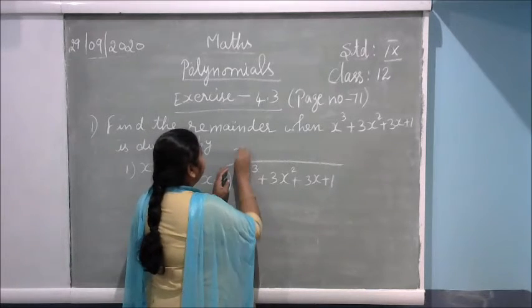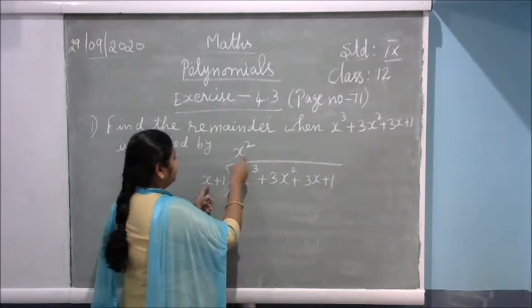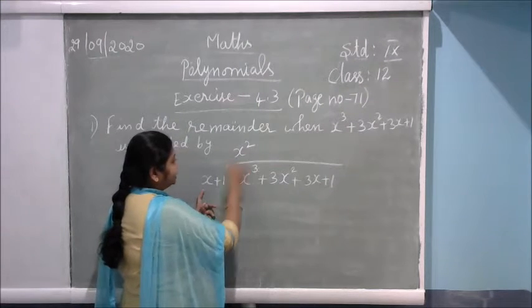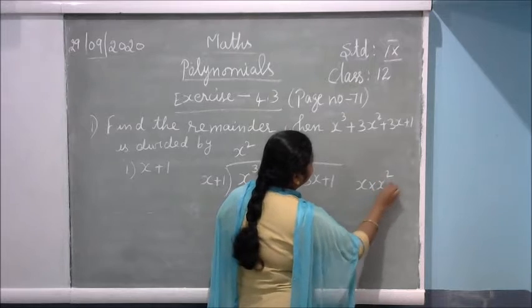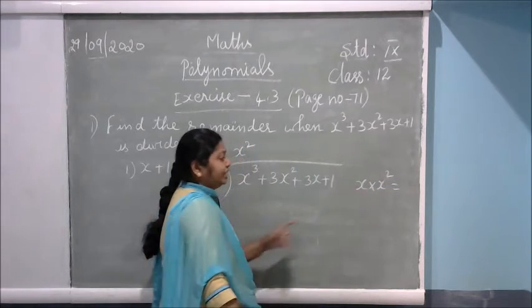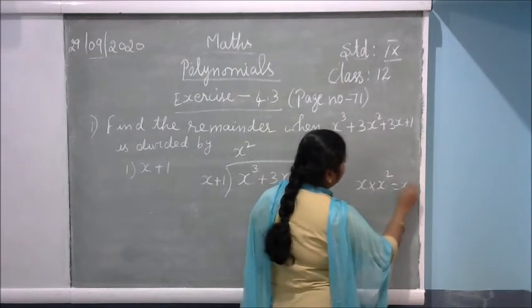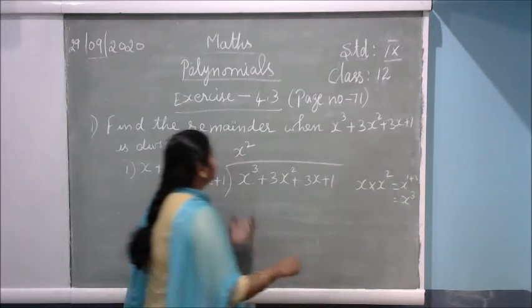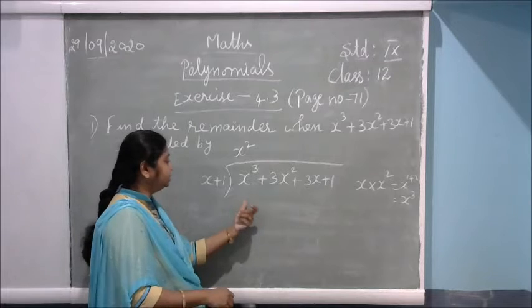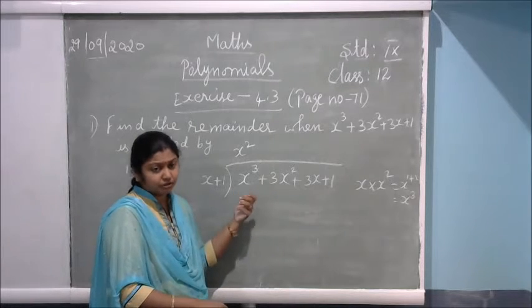If you multiply x with x square, what will come? x into x square, using the exponent law, x to the power 1 plus 2, so you will get x cube. The first term here, you have to bring x cube.